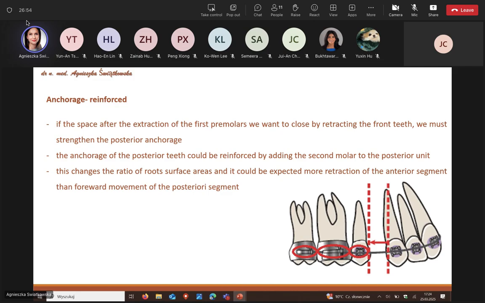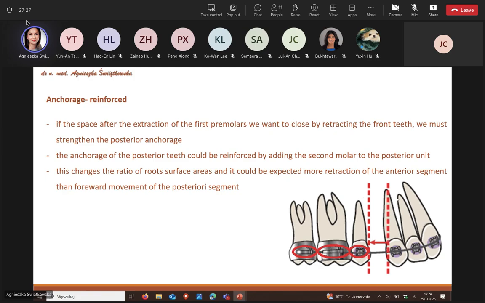As you see here, we can connect the distal teeth together, and in fact all the teeth on the right side and the left side in the maxilla have the biggest root surface, so probably they will give more resistance against unwanted anterior movement of this tooth.